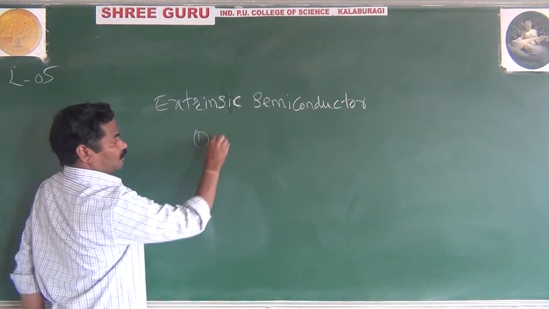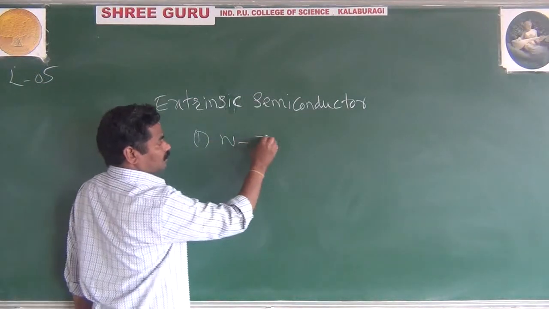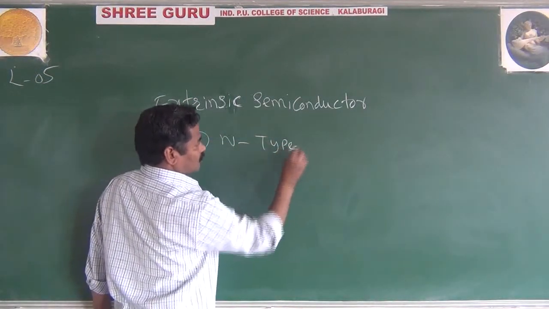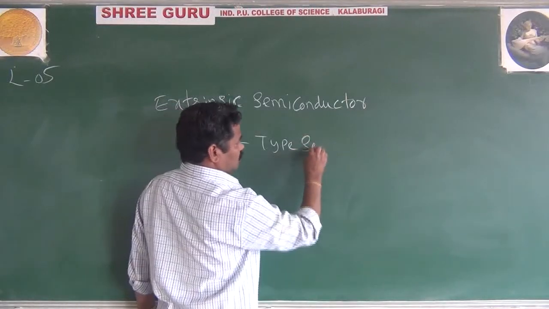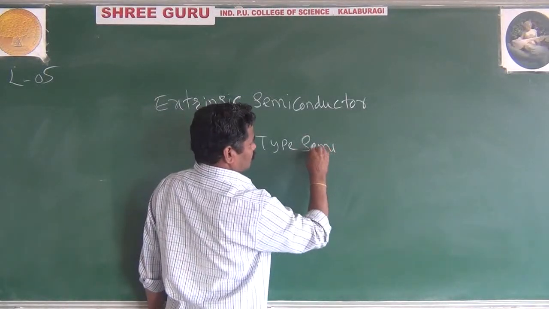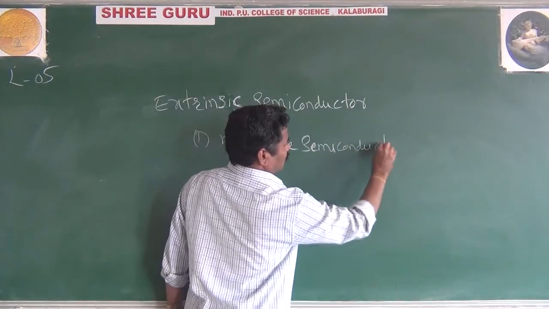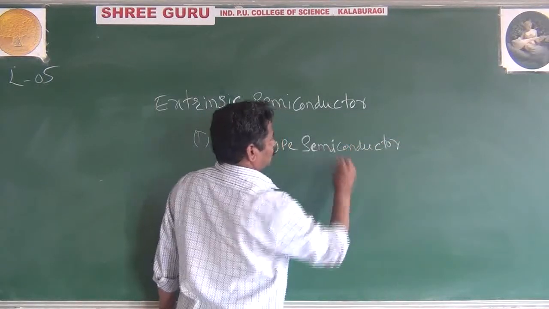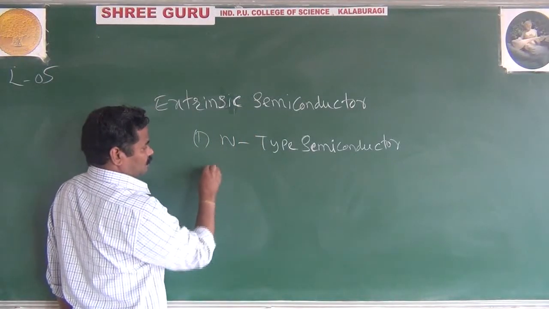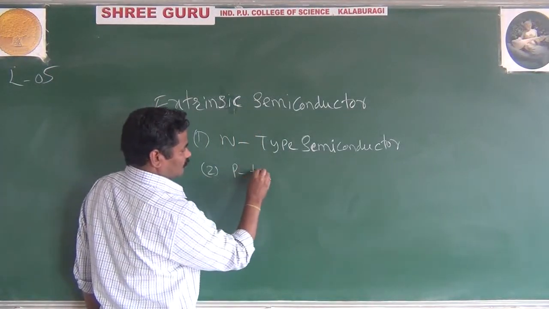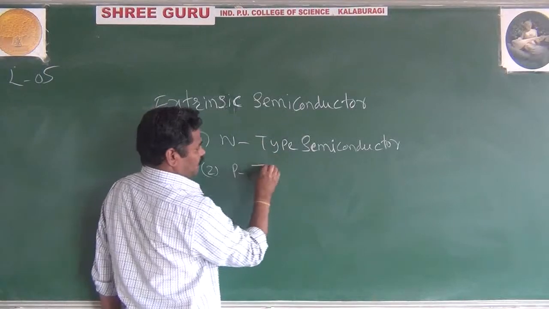One is the N-type semiconductor, and the second one is the P-type semiconductor.